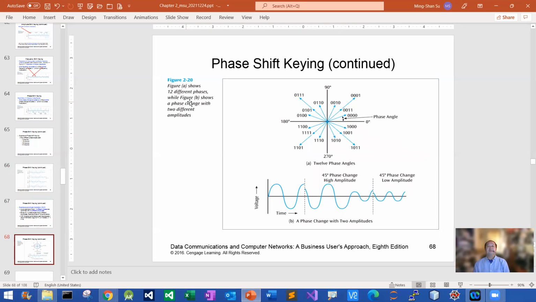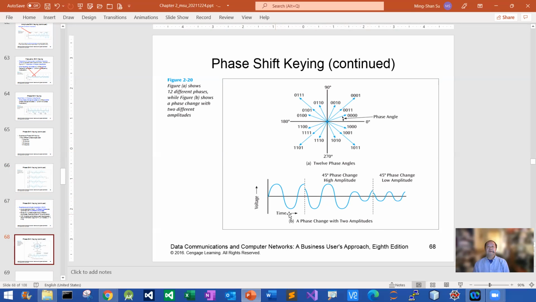And then figure B. This figure B shows a phase change with 2 amplitudes. So you can see that here has a higher or taller amplitude waveform, but then this will be lower.